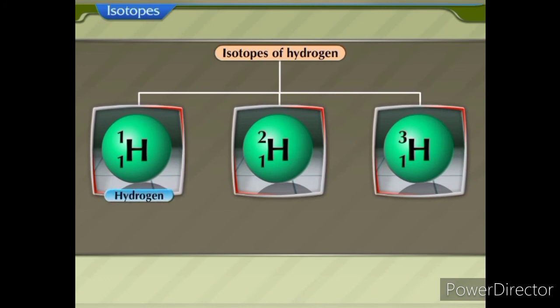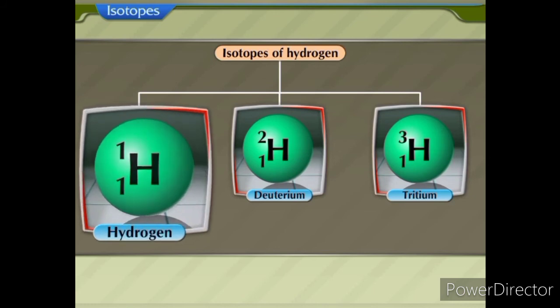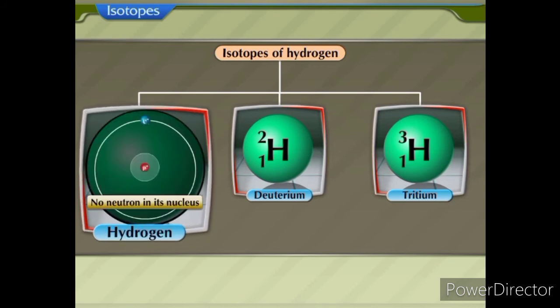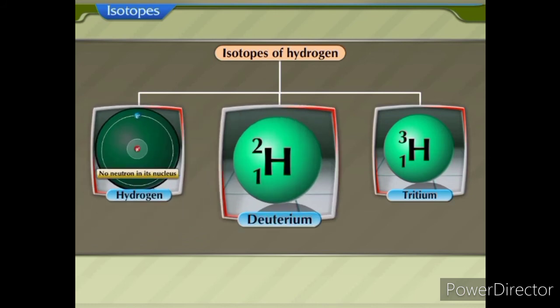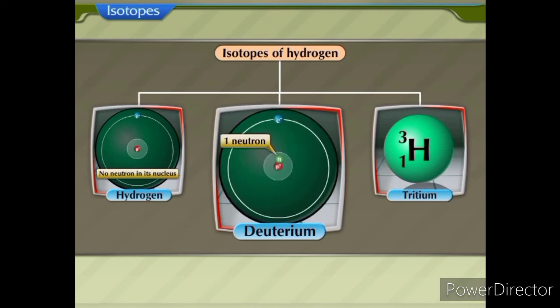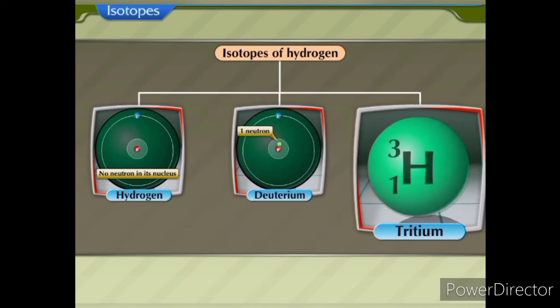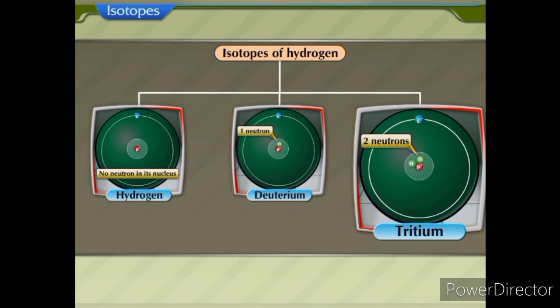They are hydrogen, deuterium, tritium. Ordinary hydrogen has no neutron in its nucleus, but deuterium has 1 neutron and tritium has 2 neutrons in the nucleus.